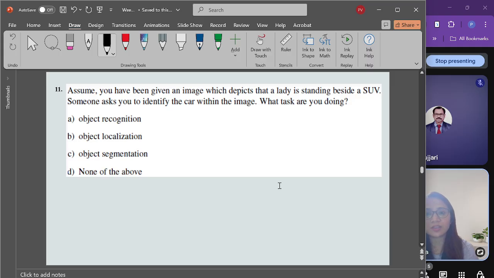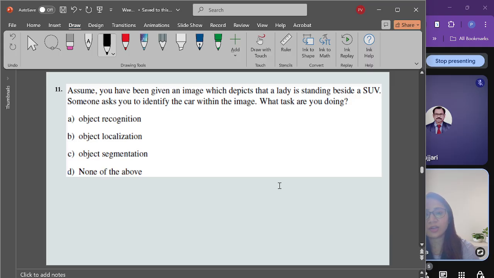Option A, object recognition; option B, object localization; option C, object segmentation; or option D, none of the above. Can you answer this question at least?